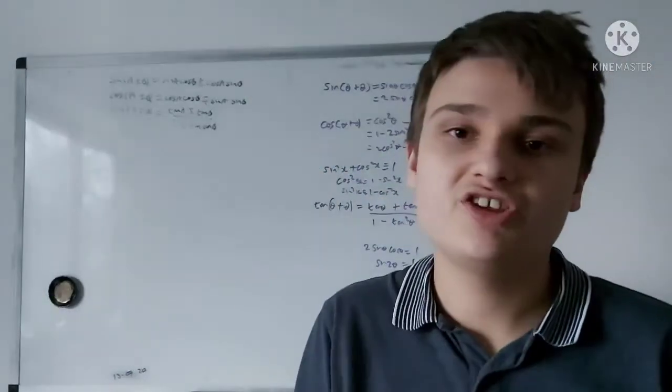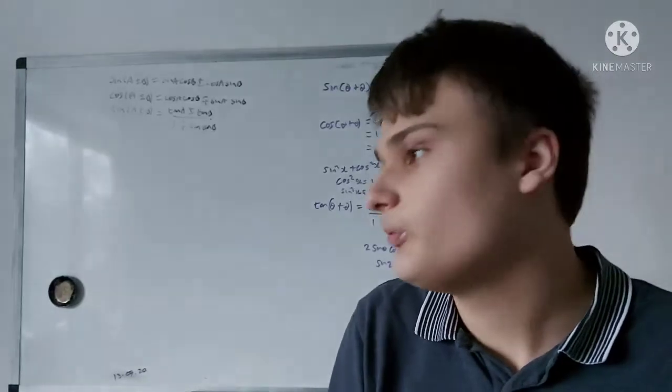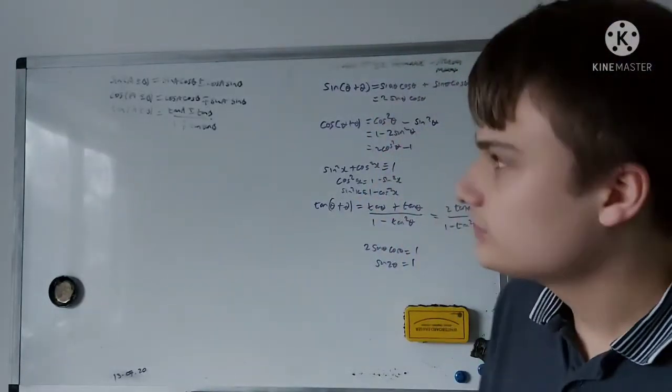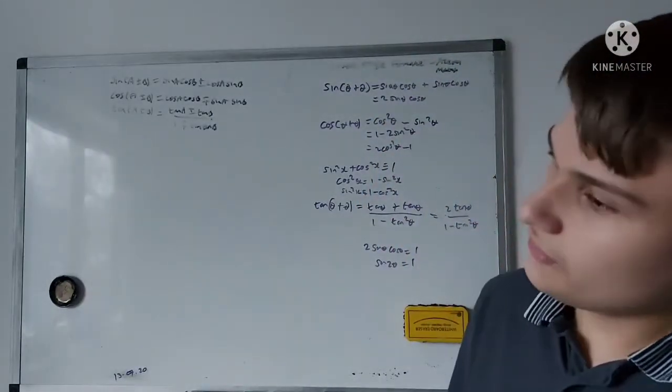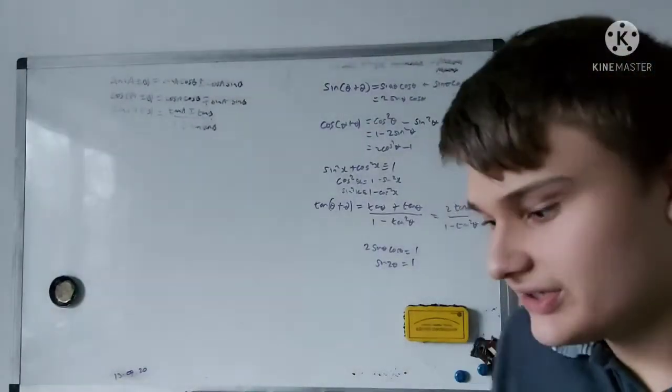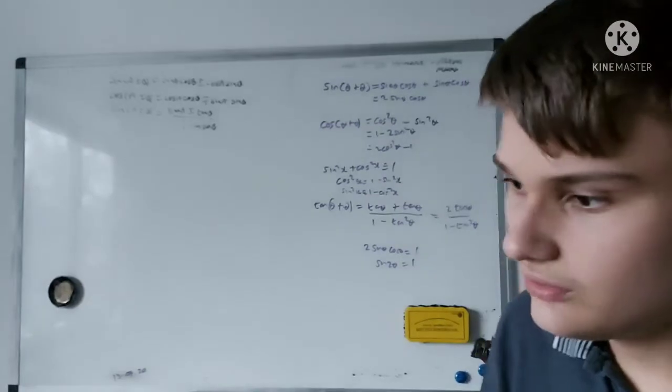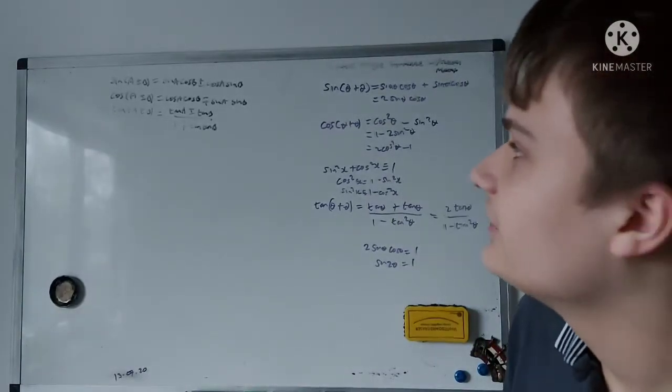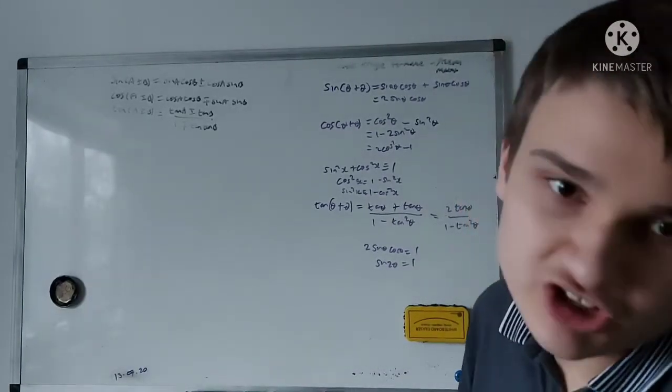The proving of the addition formula, or the compound angle formula, whatever you want to call them, is sort of in the midst a little bit. What we do here at A level is step up this knowledge.